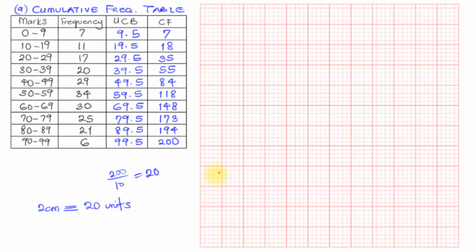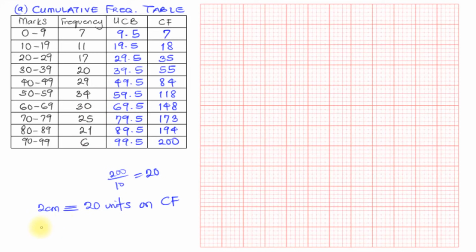the cumulative frequency scale. Okay, so if I have that, look at the upper class boundary. This is on cumulative frequency. On the upper class boundary axis, I have 9.5 down to 99.5, and there are incremental values of 10: 9.5, 19.5, 29.5. Then I don't need to really start from the origin. Okay, that's not necessary here.